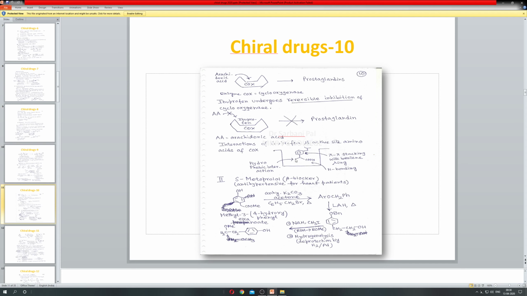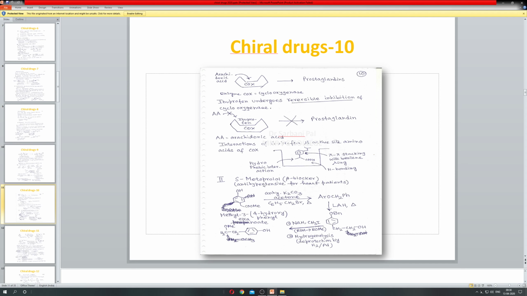This methyl group at the chiral center undergoes hydrophobic interaction with the active site, and this benzene ring undergoes pi-pi stacking with the cyclooxygenase active site. So with this we have completed ibuprofen synthesis and its mode of action. It is an example of an enzyme inhibitor and is used to treat inflammation.